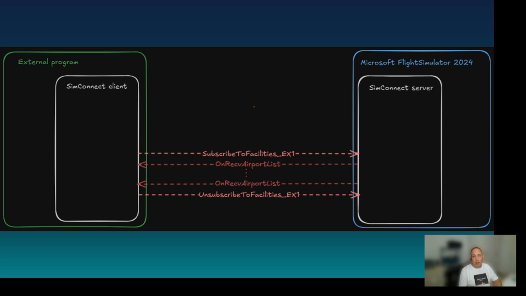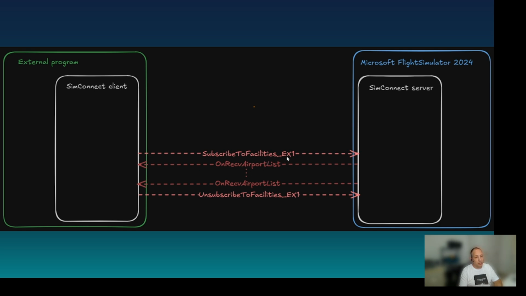So what we want to do is subscribe to facilities events. There's a bunch of them. Actually, we want to subscribe to when a new facility comes in and when a facility is out of range. To do that, you call subscribe to facilities.